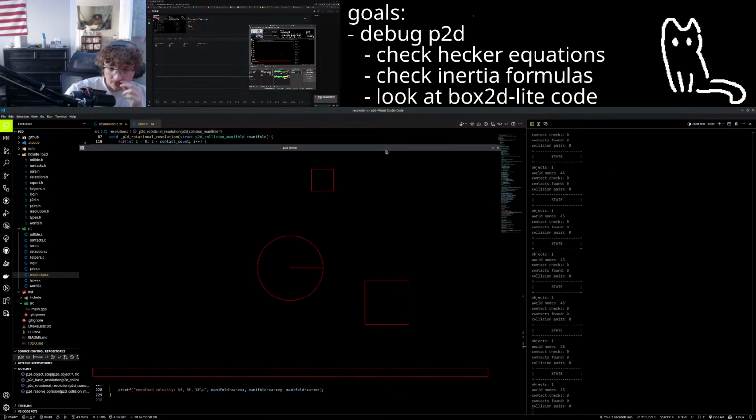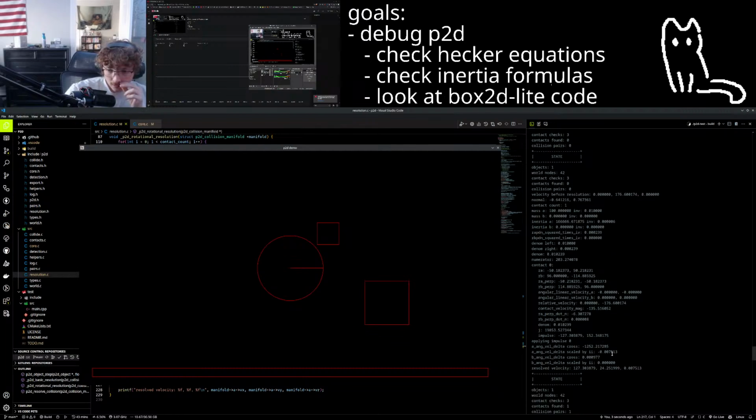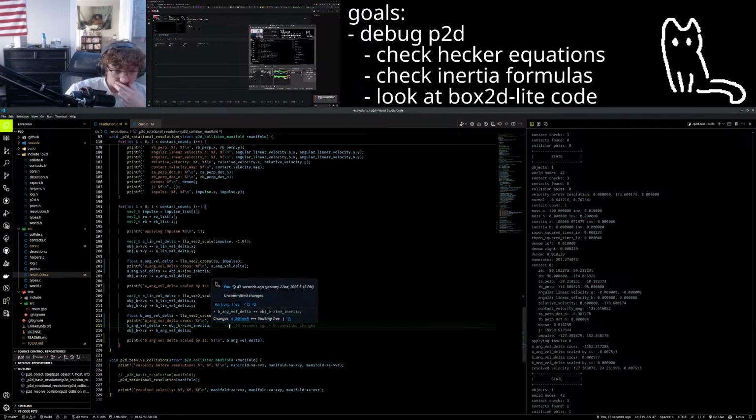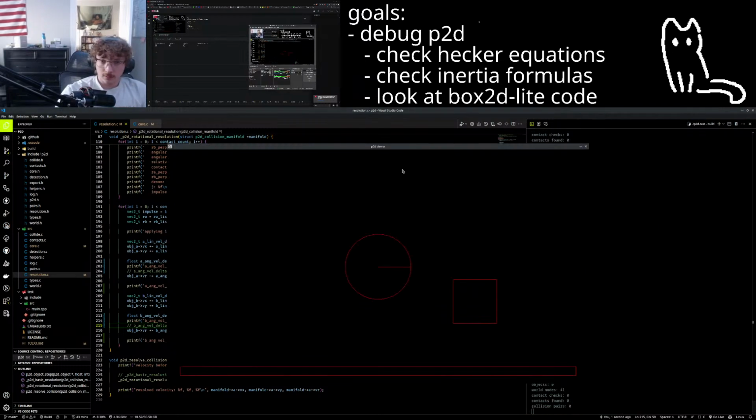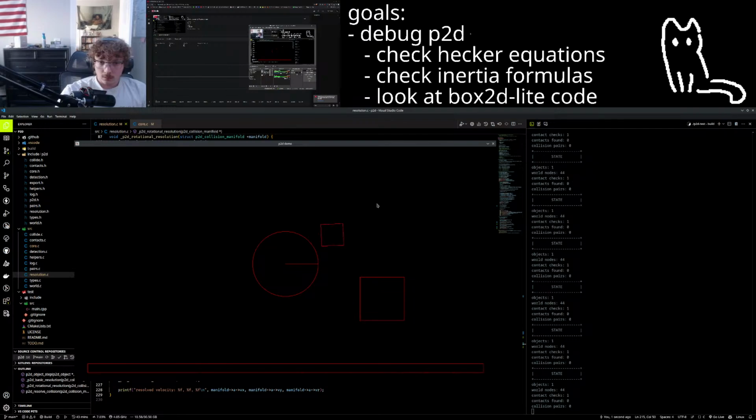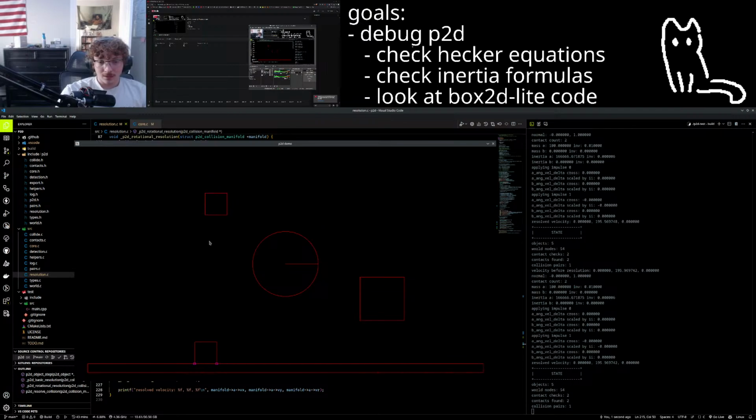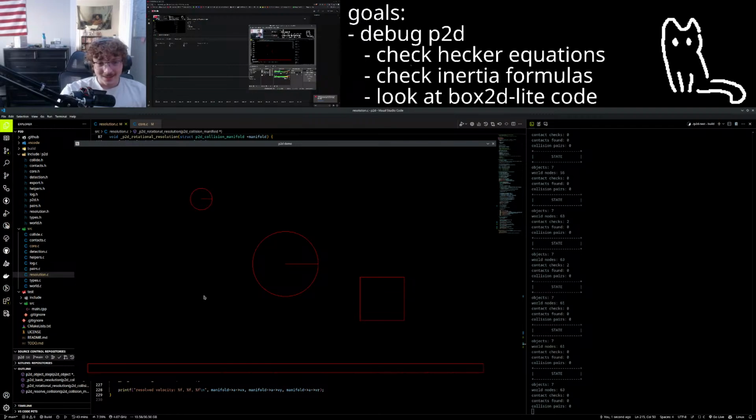It could be I've messed up the cross product. Okay, the bounce looked right. There's still no angular. The cross, what if I don't scale it? Well, that looks right, except the bounce off the top there. Oh, that doesn't look right anymore. So it needs scaled by something. It goes so fast, it just disappears.